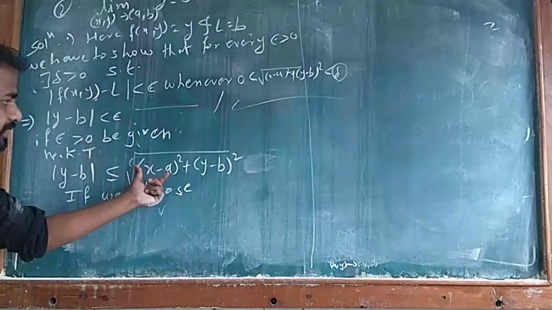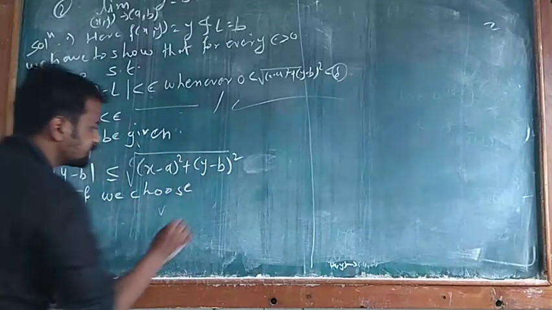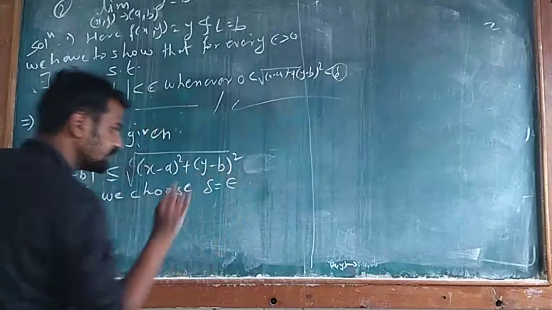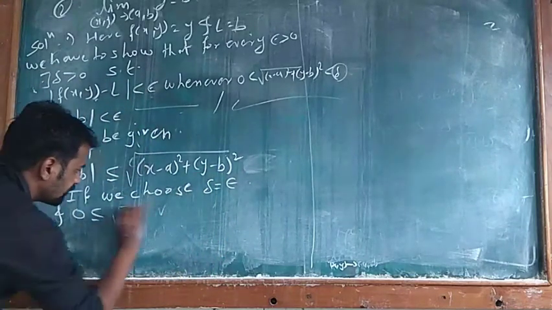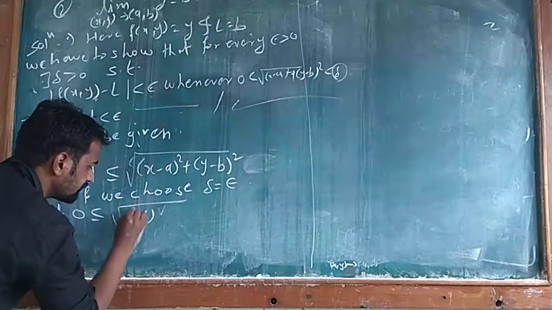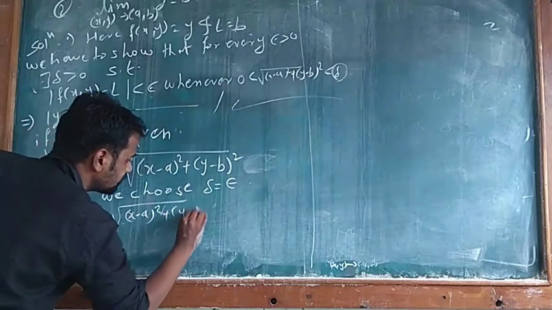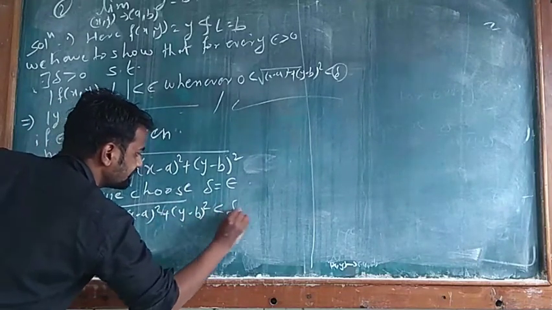We also know that this is less than delta, so we can choose delta equal to epsilon, and 0 is less than or equal to √((x − a)² + (y − b)²) which is less than delta.